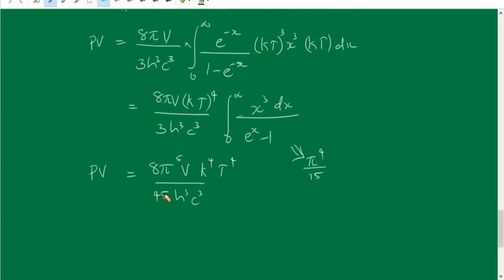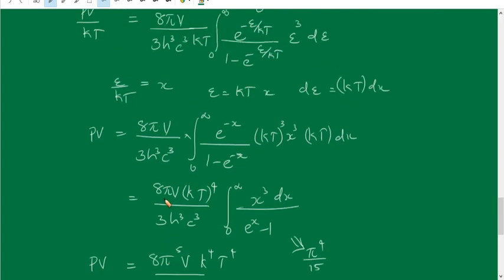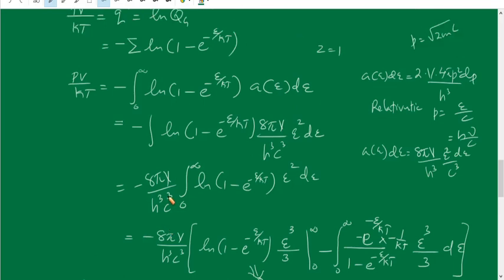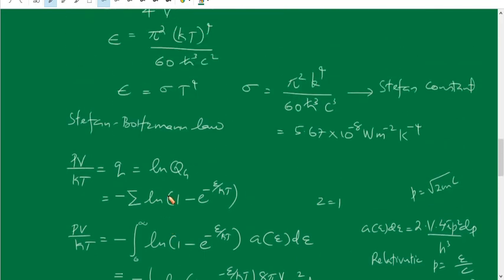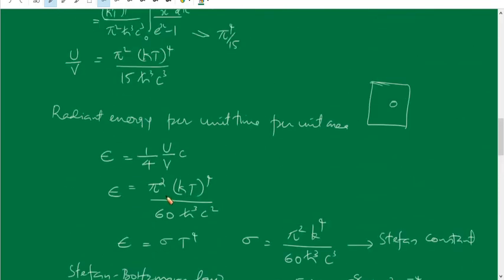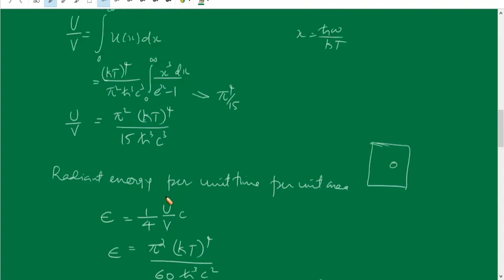We have a similar kind of expression for the energy density, isn't it?